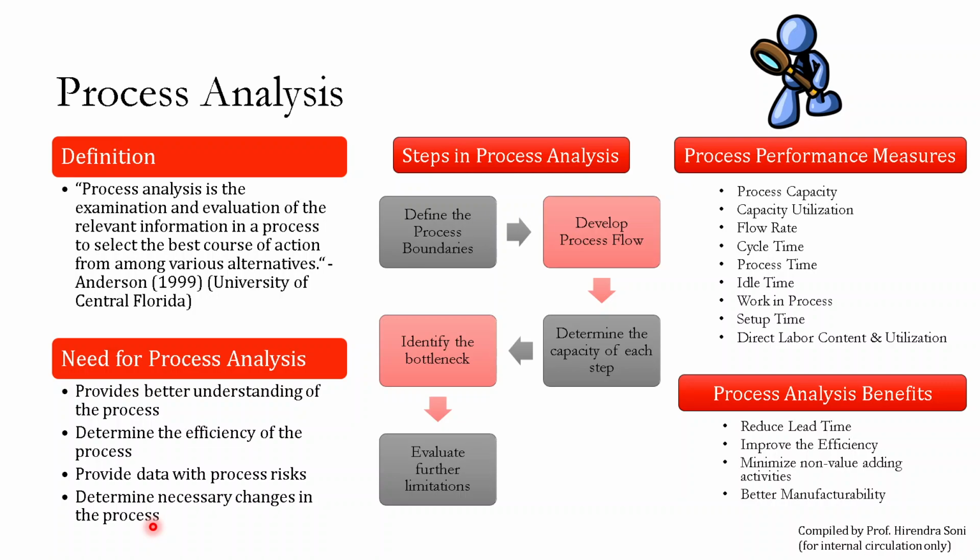Then cycle time. Cycle time is the time used for a single product or a service to be delivered to the customer, starting from the first process, from where it actually starts getting developed. So that will be your entire process time.